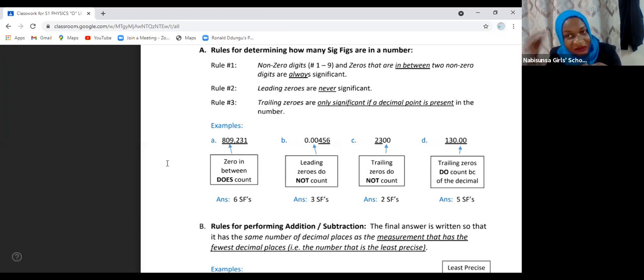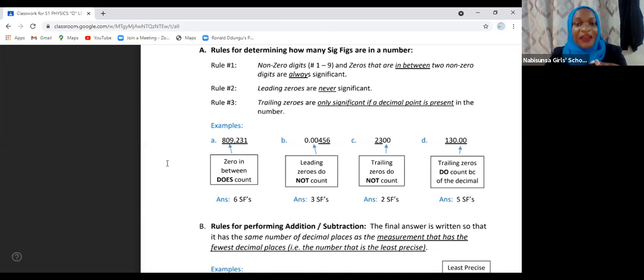Only trailing zeros. First of all, the zeros should be trailing. They should come after, at the right-hand side, of non-zero digits. But also, you should count them if you've seen a decimal point, wherever the decimal point will be.